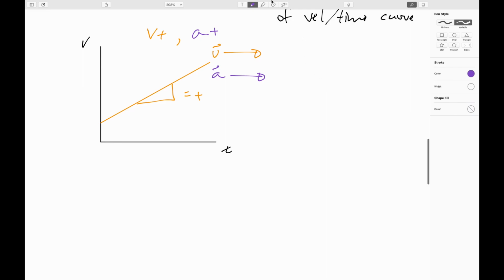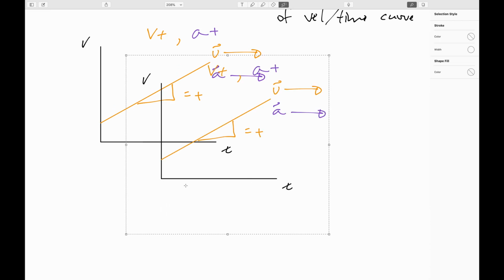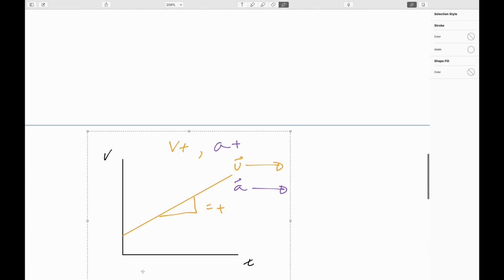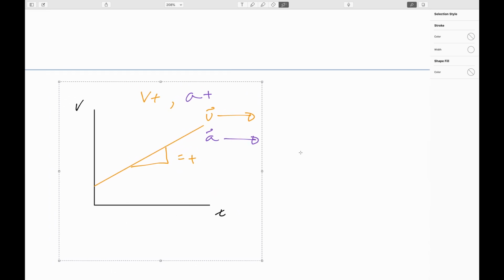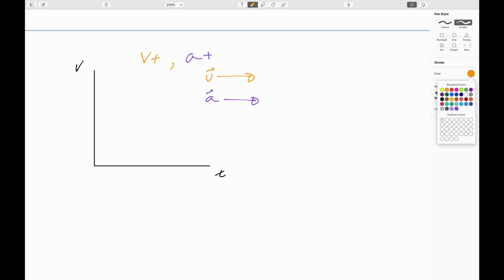Let's do another one. So we'll copy that, paste that, move that down there. All right. So now let's look at the velocity being positive, but instead of the curve sloping up, it slopes down, like so.